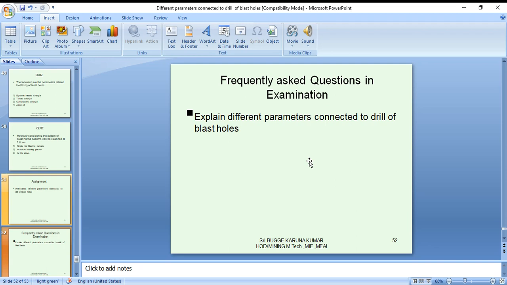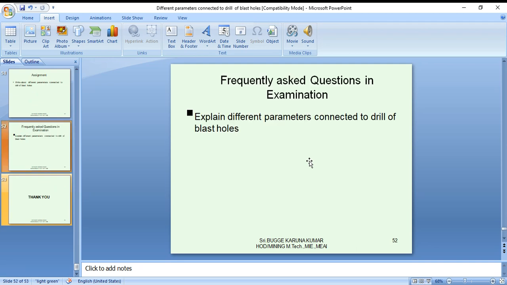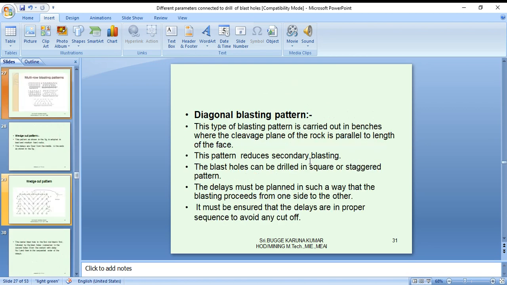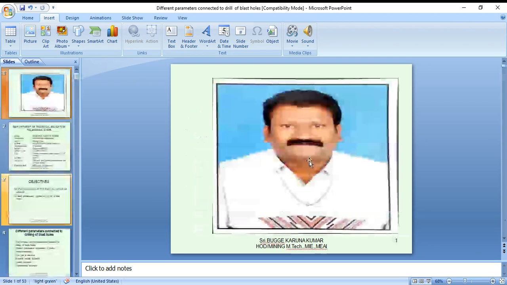Right now, at a glance, I'm going to close this one. Once again, I am showing all the PPTs at a glance. You see it.